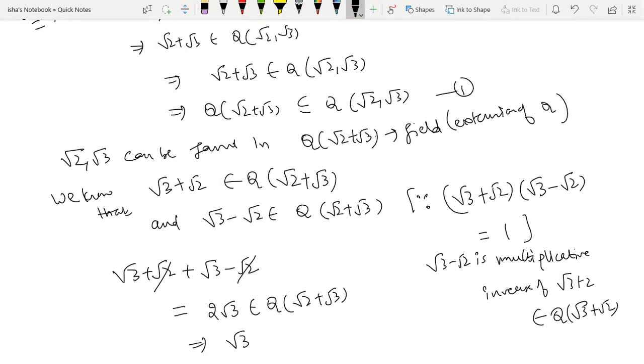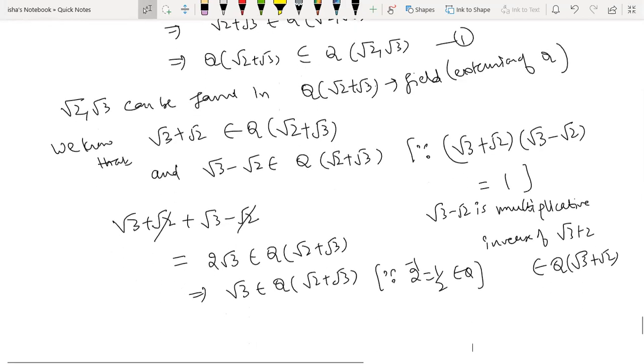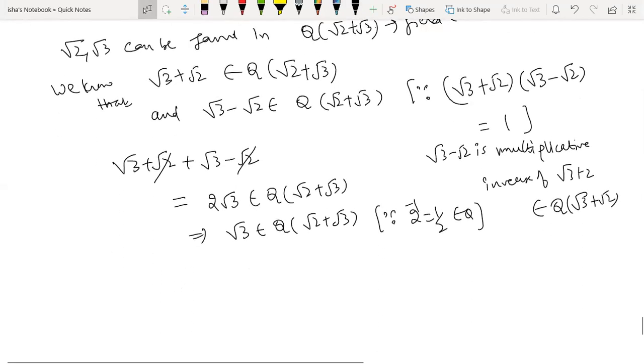It implies root 3 belongs to Q(root 2 plus root 3) because the inverse 1 by 2 belongs to Q. So obviously, now that 2 root 3 is there, root 3 will also be there, because I can multiply with 1 by 2, as rationals are there. So 1 by 2 also belongs there. Any two elements multiplied with each other will definitely belong there. So you have shown that root 3 is being generated from square root 2 plus square root 3.